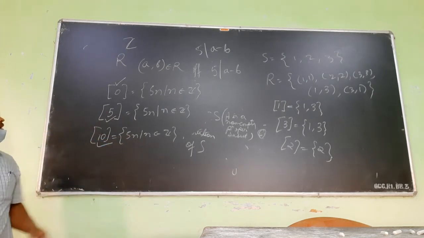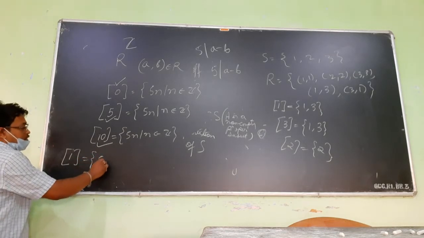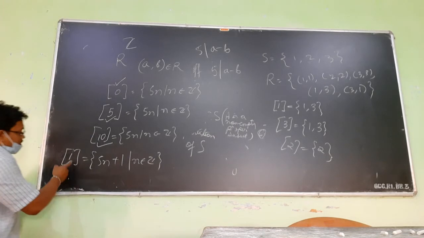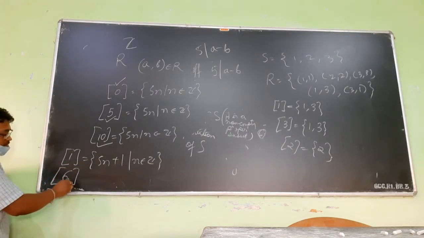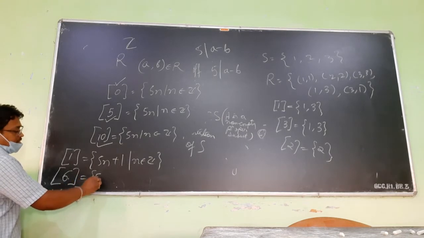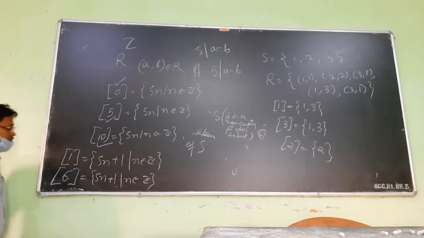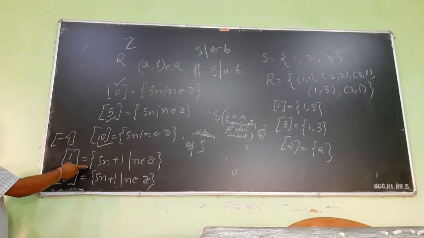Clear? Similarly, the class of 1 is the set of 5n plus 1 such that n belongs to Z. So 1 is a representative of this class. Another representative is 6, class 6 is also the same class. Similarly, minus 4 also represents the same class, since minus 4 minus 1 is minus 5, which is divisible by 5.